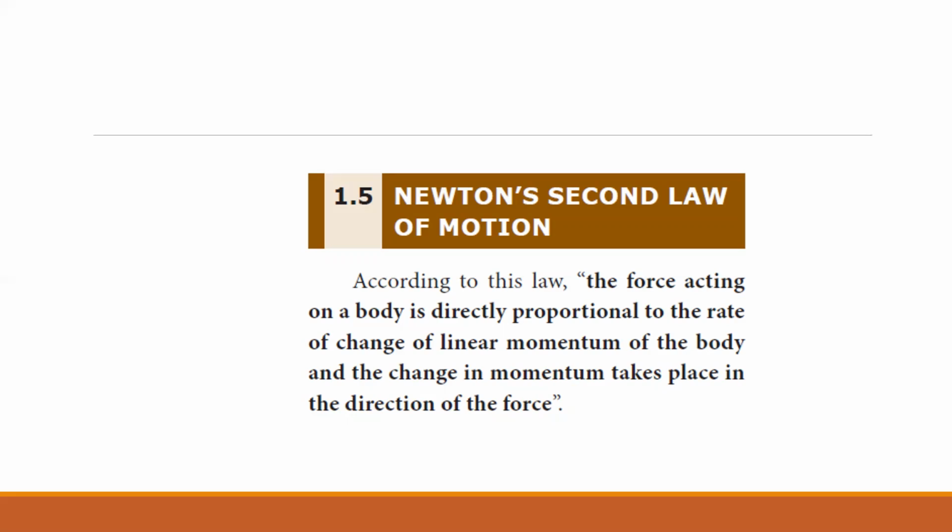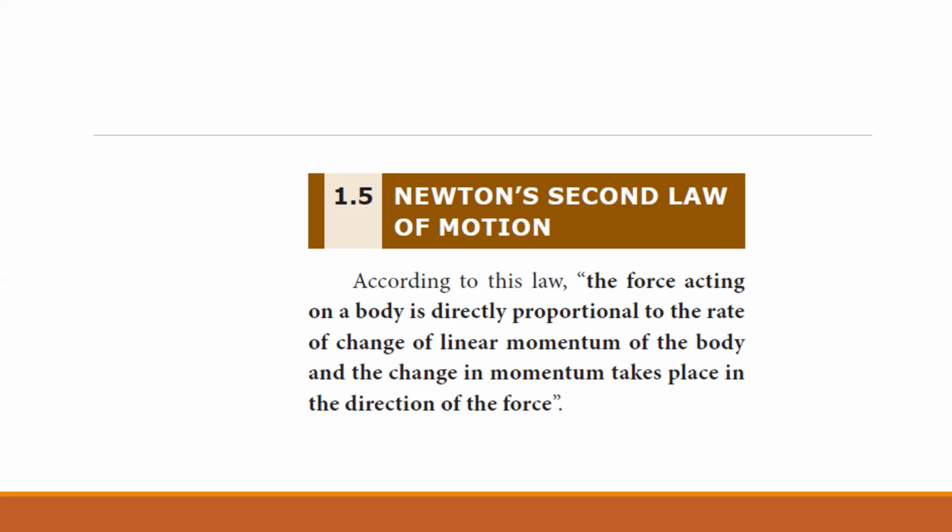What is the difference between equal and directly proportional? Suppose I say 5 is equal to 2 plus 3, that does not change at all. But when you come to proportional, if one term is increasing, the other also will increase.